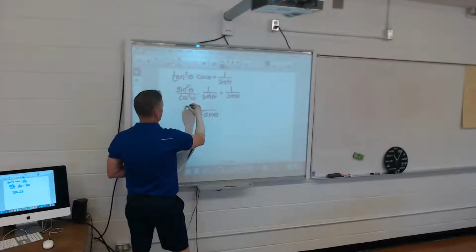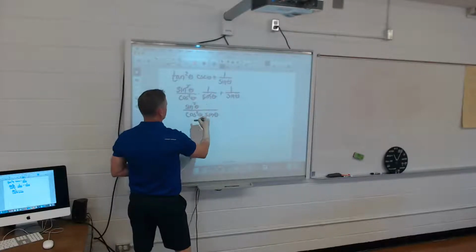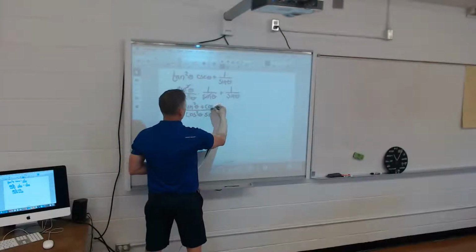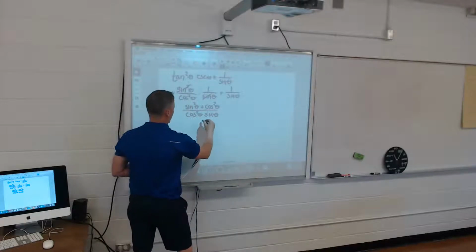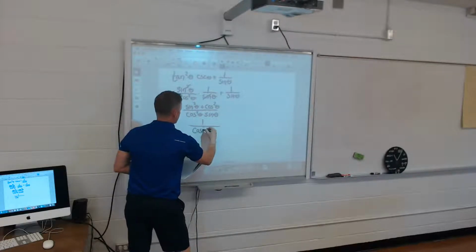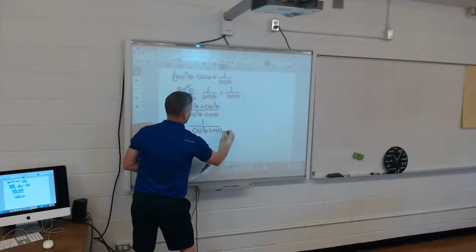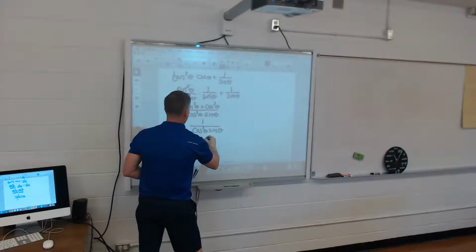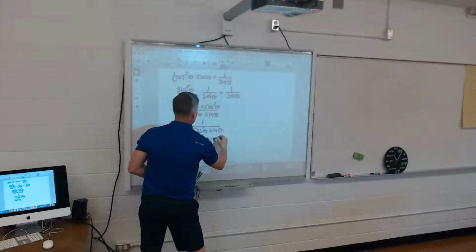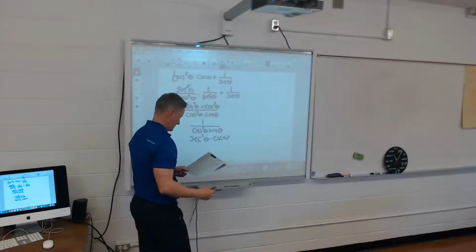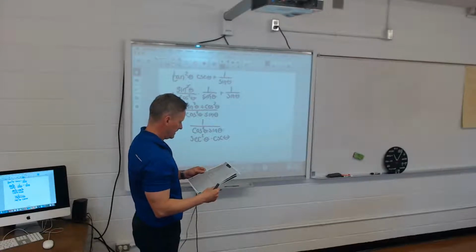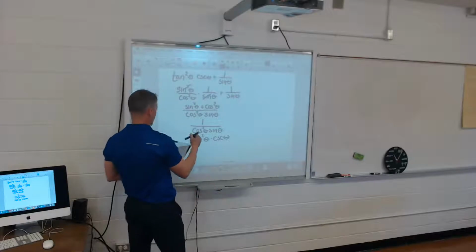And I would need this to be sine squared theta and add cos squared theta again. So that's 1 over cos squared theta sine theta. And if I convert it, it would be secant squared theta times cosecant theta, which is D in that one. Okay.